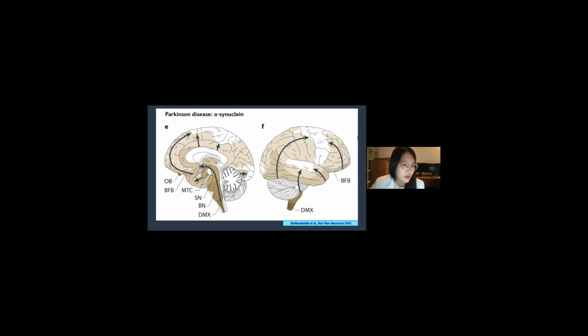The earliest regions affected are the olfactory bulb, explaining why anosmia is a prodromal symptom of PD, as well as the dorsal motor nucleus of the vagus nerve in the medulla oblongata. At later stages, alpha-synuclein aggregate pathology is found more rostrally through the brainstem via the pons and midbrain, in the basal forebrain, and ultimately in the neocortex.